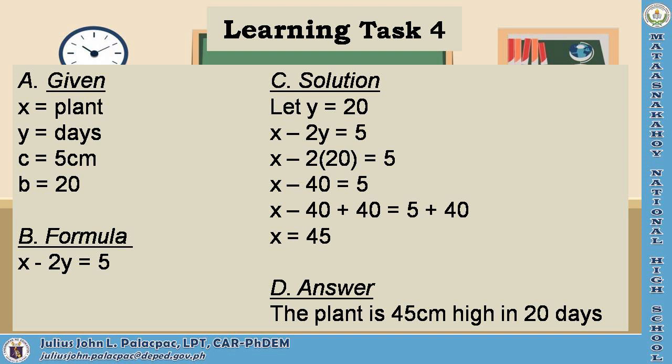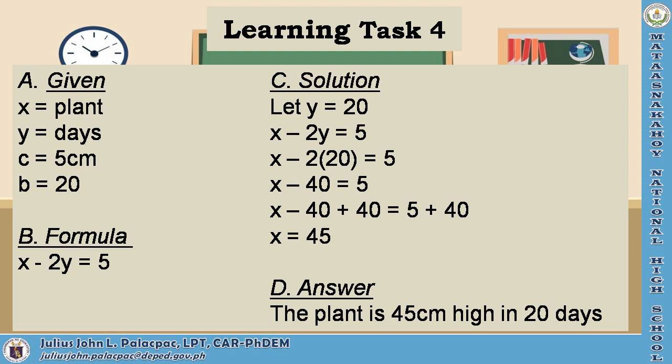So today, day 0, the plant is 5. So if today Y is 0, X is equal to 5, so the plant is 5. So the given, X is equal to plant, Y is equal to days.